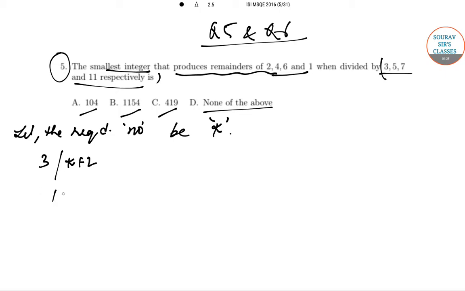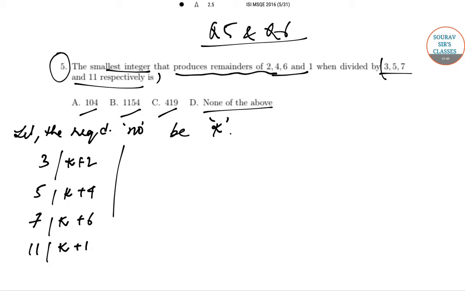And when the same k is divided by 5, the remainder that we get is 4. When k is divided by 7, the remainder that we get is 6. And when k is divided by 11, the remainder that we get is 1.